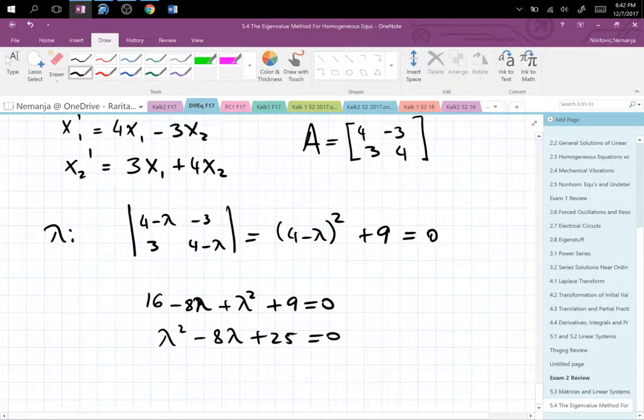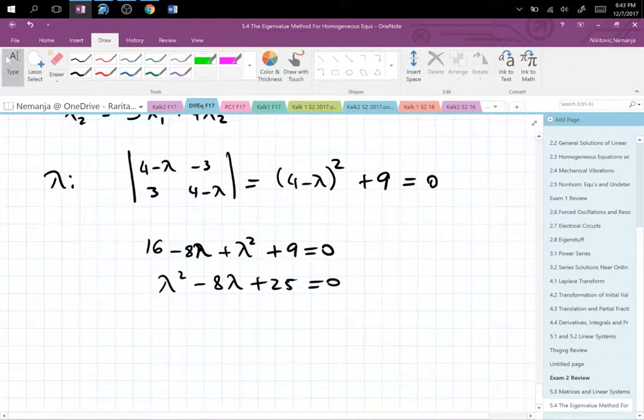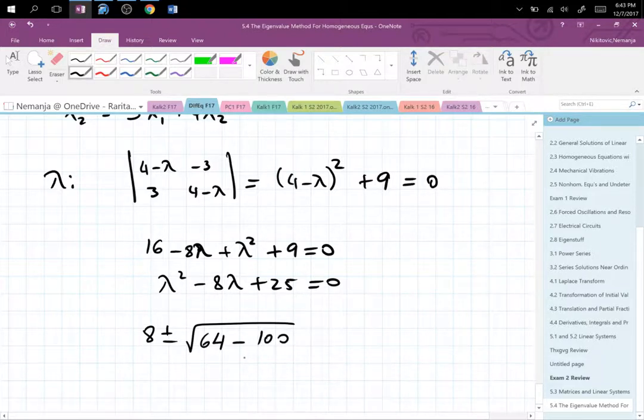So this is what you have. And now what you're going to do is solve this, right? You can use the quadratic formula, so negative b, so it's going to be 8 plus minus the square root of 8 squared, which is 64, minus 4 times 25, divided by 2.